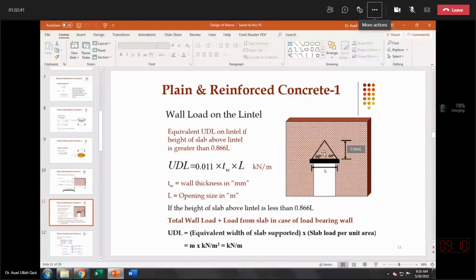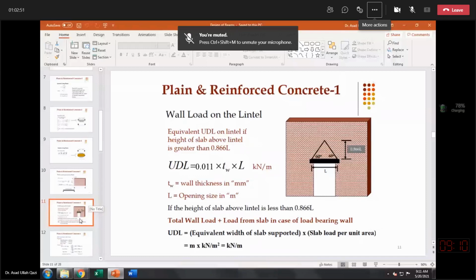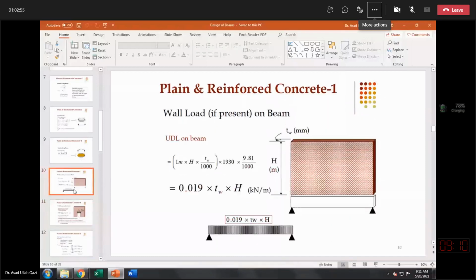These slide numbers 10 and 11 are also explained in the recorded lecture. On slide number 10, the discussion is how to estimate the uniformly distributed load of the wall on the beam if the wall is present.